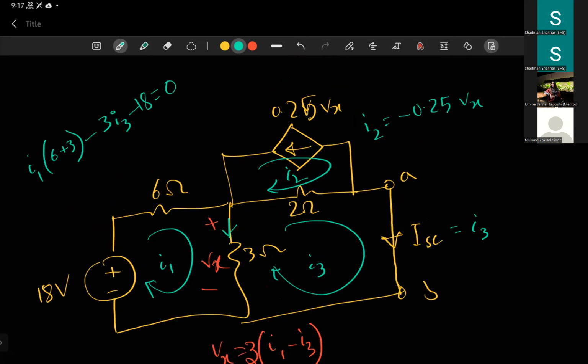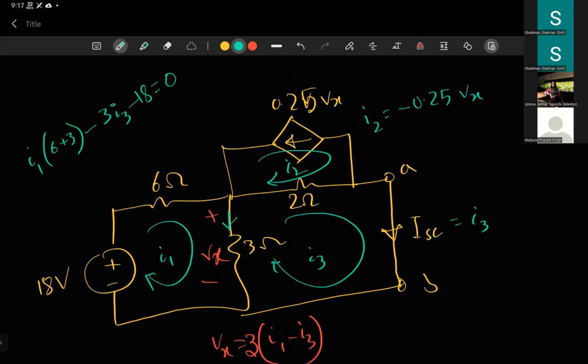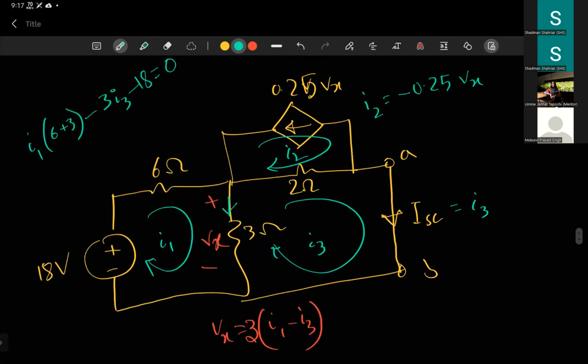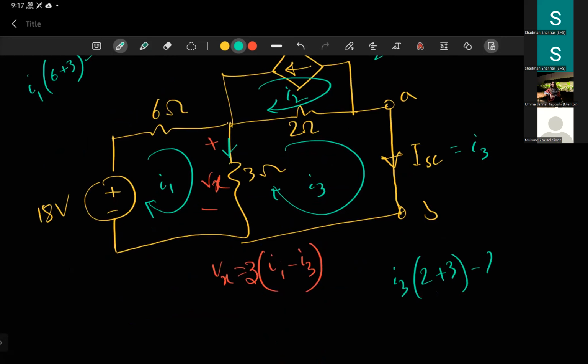And lastly, we also have to write the equation for mesh 3. 2 plus 3 minus 2I2, because the 2 ohm resistor is connected to mesh 2 and the 3 ohm resistor is connected to I1, equals 0. Okay, so you have to solve these equations to get the result.